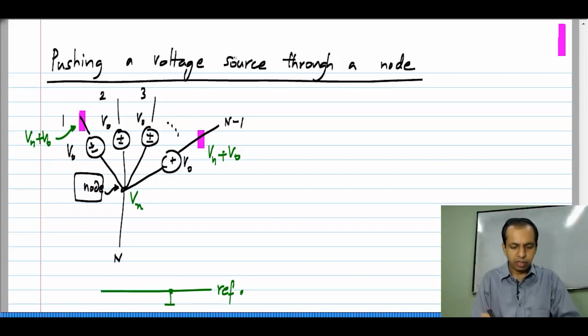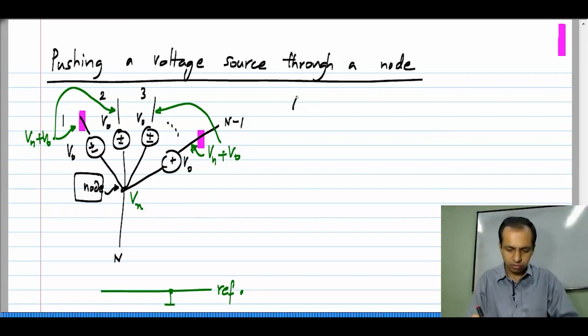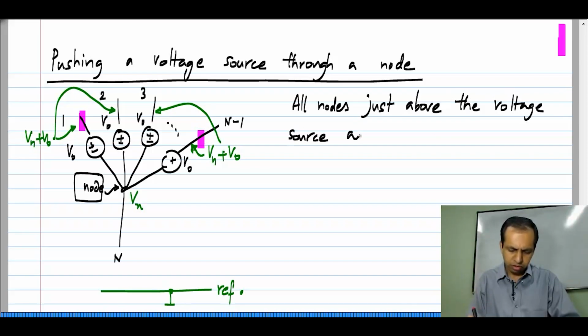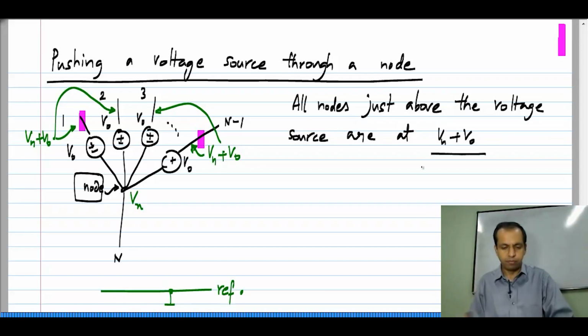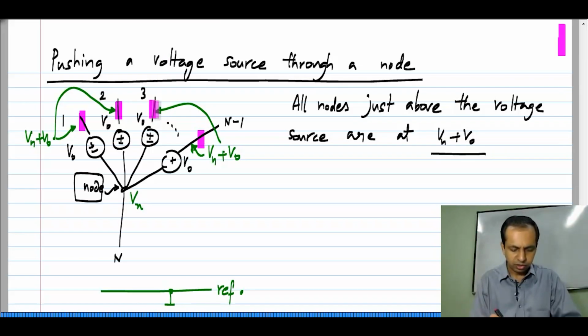And similarly, you see that the voltages at all these points after the voltage source are exactly the same and equal to V n plus V naught. So, all nodes just above the voltage source are at V n plus V naught. That means all these nodes are at exactly the same voltage.